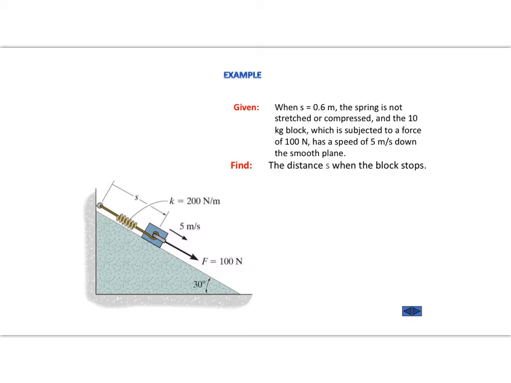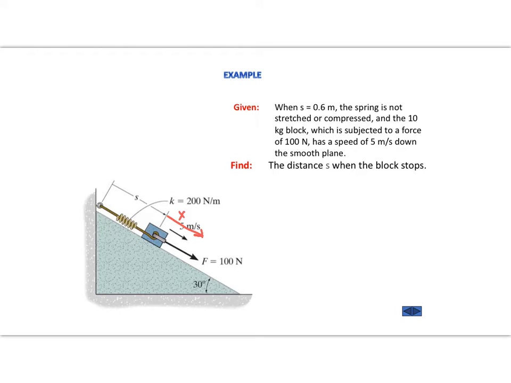Sorry about that. All right, so this was the first question, which is the mass sliding down an inclined plane. It does have an external force applied to it, and basically we're told the present position as it's shown, the spring is not stretched or compressed, so that could be our equilibrium position, and it really does work best if we take this to be our x, measured from that initial position, and you'll see that as we go through.